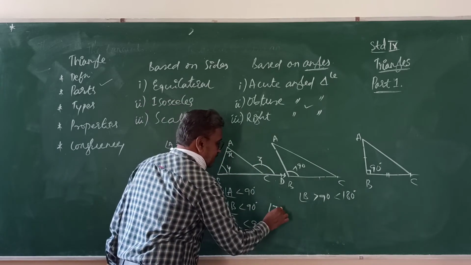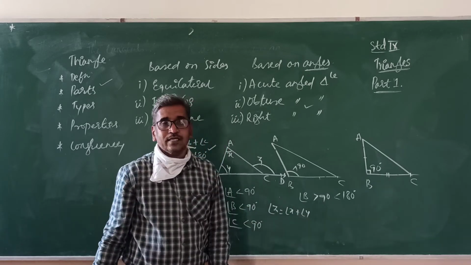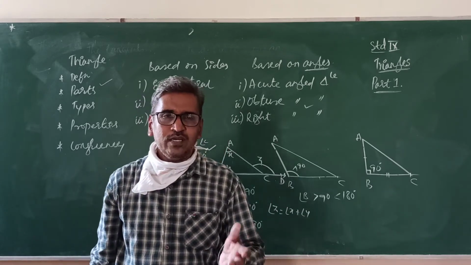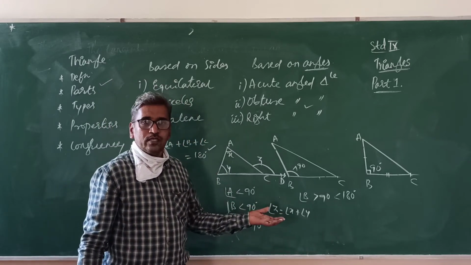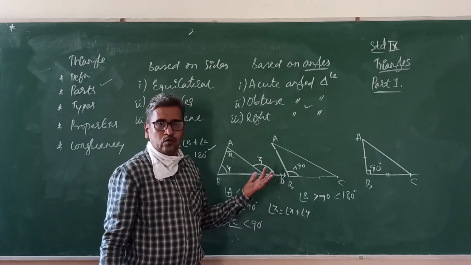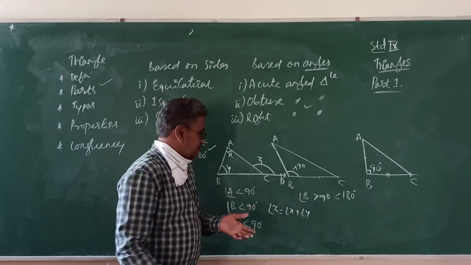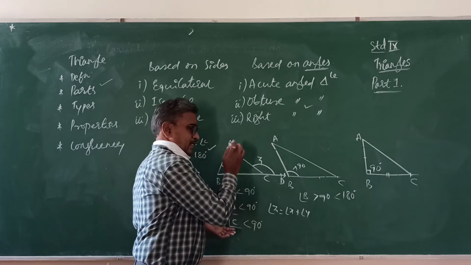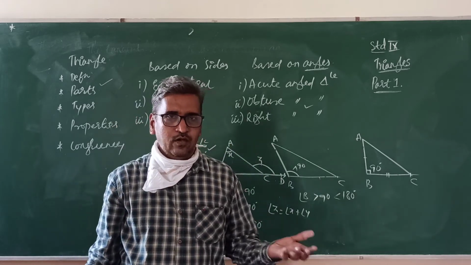So external angle Z is equal to angle X plus angle Y. This proves the external angle theorem. If one side is produced, the external angle formed is always equal to the sum of the interior opposite angles. These are the properties of triangles. You already know that.